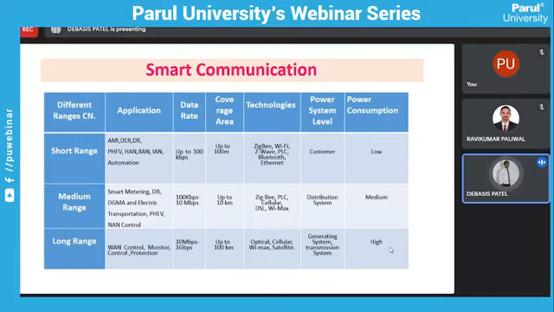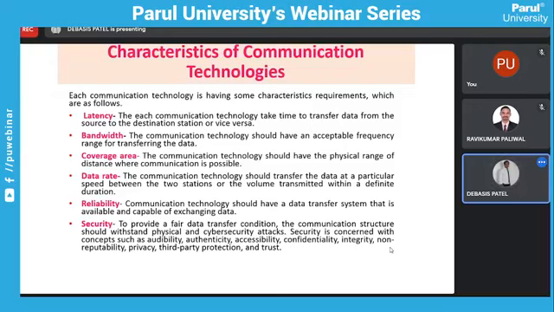So now if you see the characteristics, every communications technology has some characteristics, right? Like if you consider 6G, or whenever you are using Wi-Fi, it takes some time from the sending end to the receiving end. The data will be transferred within some time. That is called latency. So now we will read one by one.